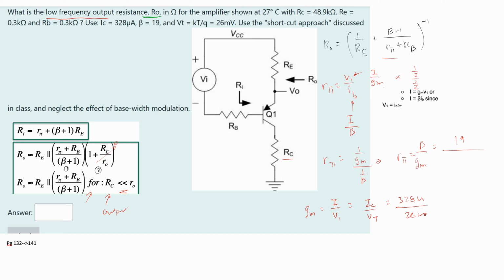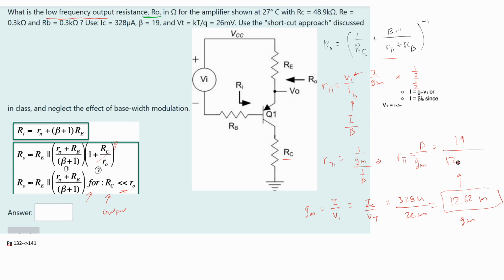Now all we need to do is solve for this and plug in our values. So our GM is going to be approximately 12.62, and this is in millisiemens. So this is the GM, and we can plug this into here.